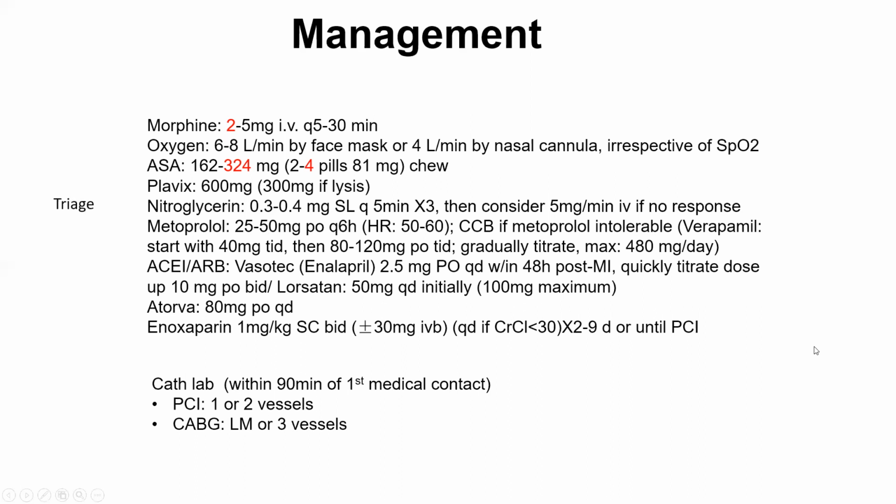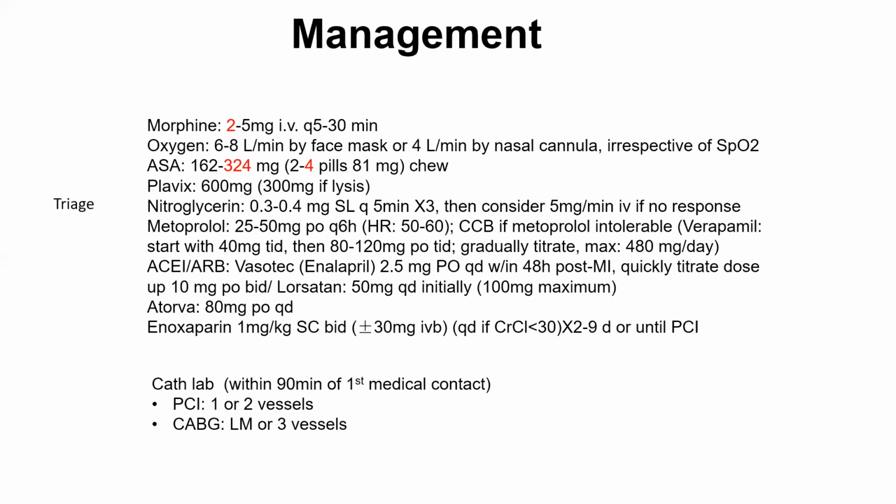And next, we can send the patient to the cath lab. It's always optimal to send them within 90 minutes of first medical contact. And then our job is done, and it's the cardiologist's job to take care of the patient.